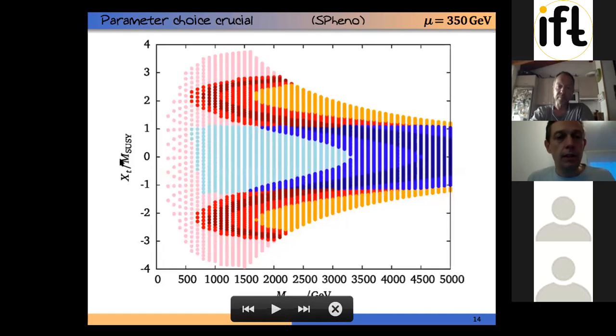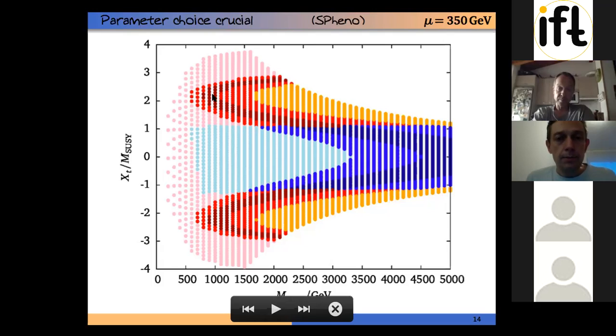So here now I show the values of xt over MSUSY compared to MSUSY from 0 to 5 TeV for a mu value of 350. To generate this plot, I used SPheno at that time.